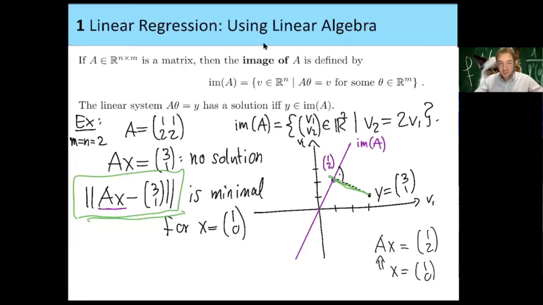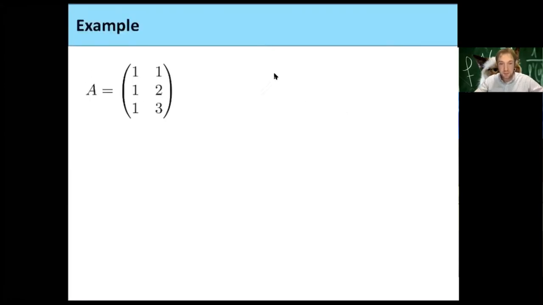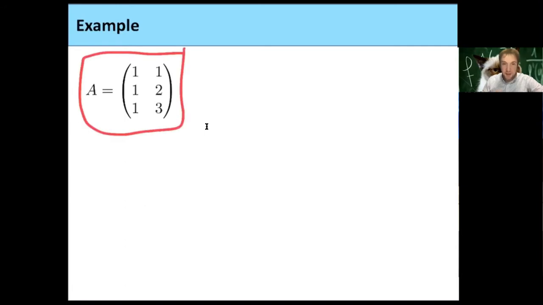But let's do it more generally, or maybe first do a little bit more complicated example. So let's consider this matrix here. And now let's also think about what this has to do with the original problem of finding the best fit.